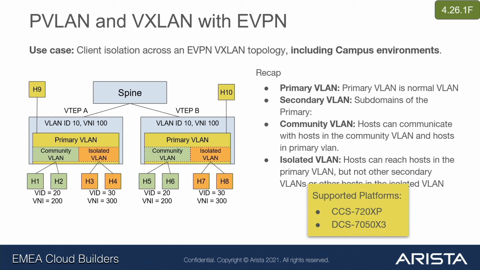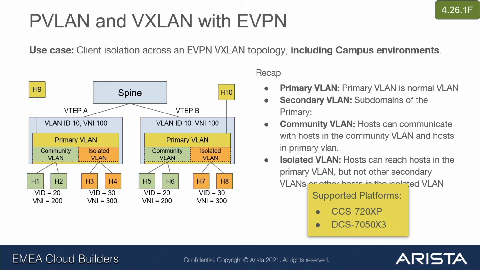Private VLANs and VXLAN with EVPN. This has actually not been very easy to achieve, but we now support the ability to do this. Private VLANs typically only work in a traditional, say, spanning tree or traditional layer 2 network.